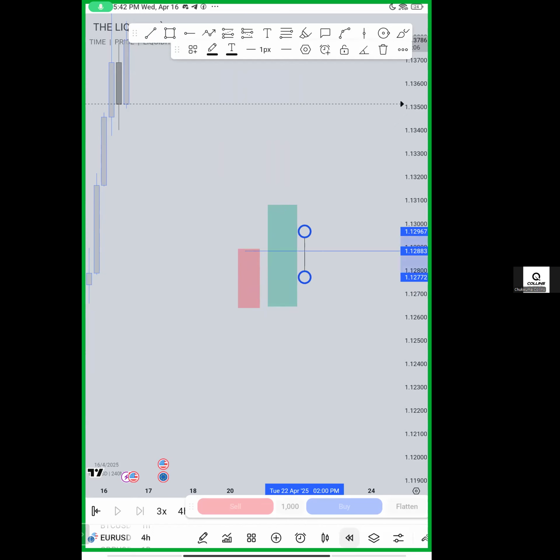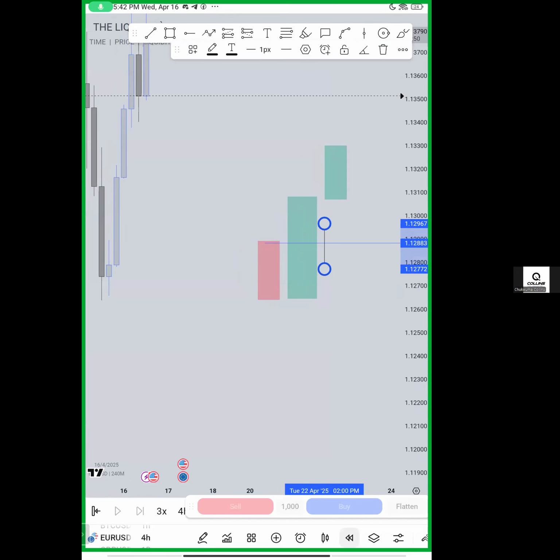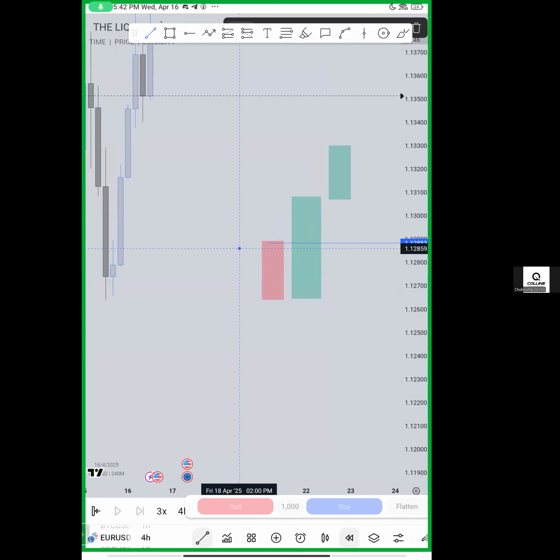Price has already tapped the level. Let's say price tapped this level here. Now a mitigation has already occurred. On the 4-hour? Yes, on the 4-hour.